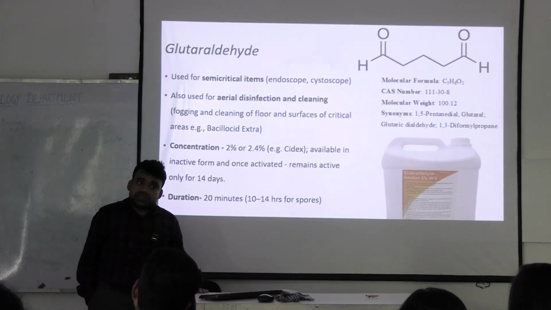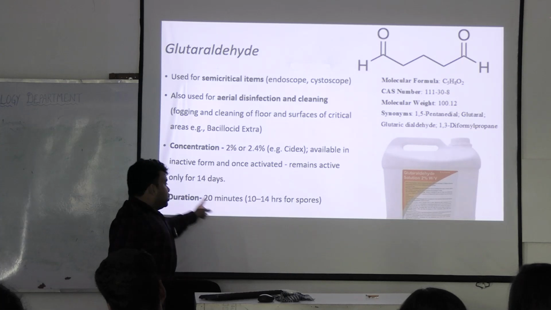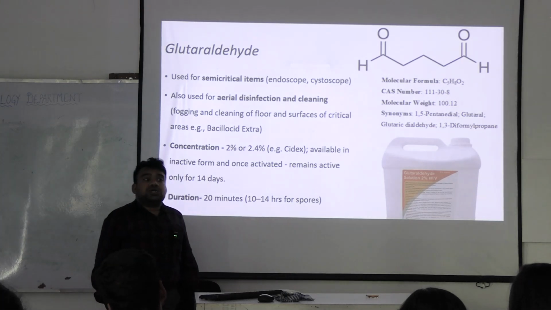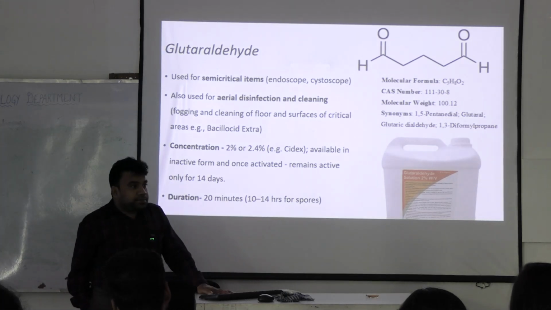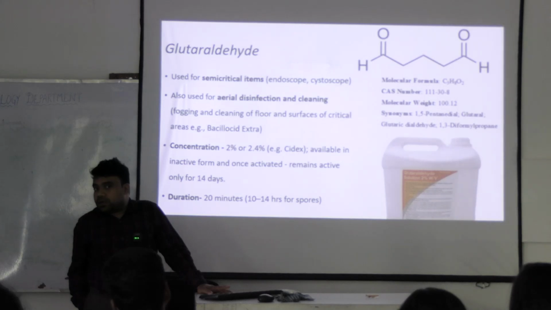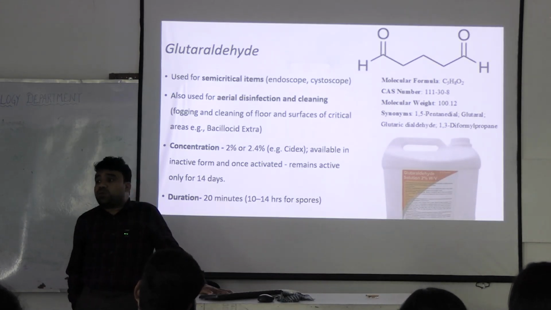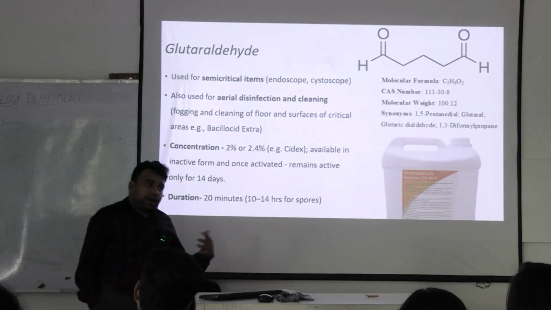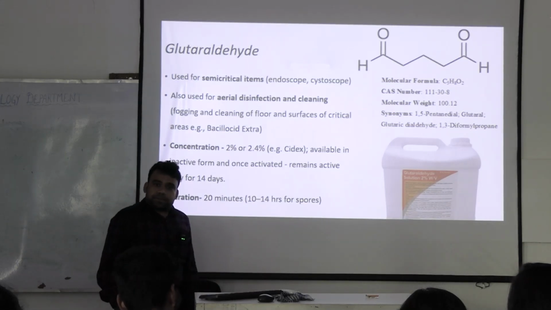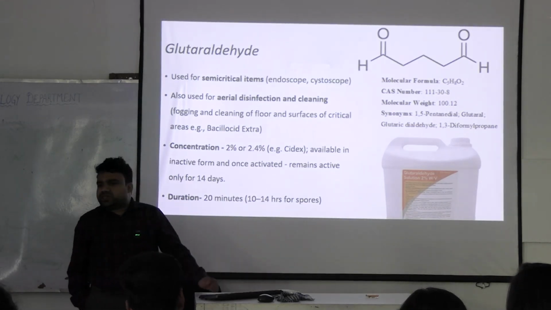The concentration is 2% and the contact time is at least 20 minutes, for normal bacteria. But if you are trying to kill spores, you need a higher contact period. Can it be used for sterilization?